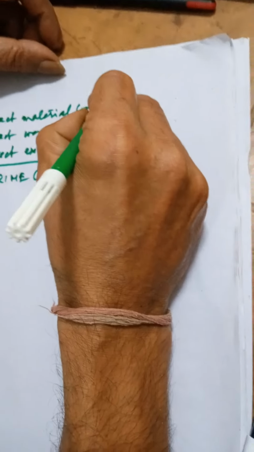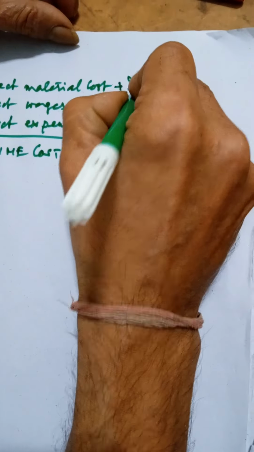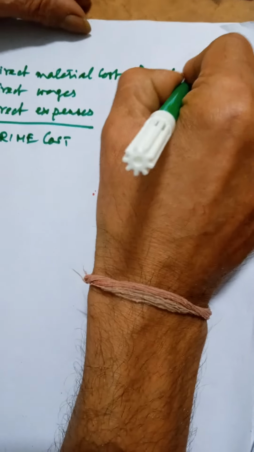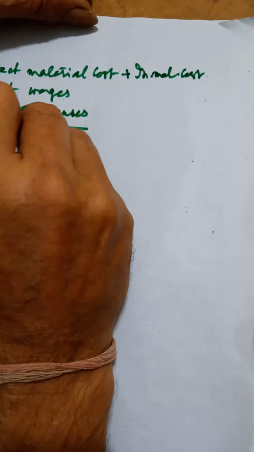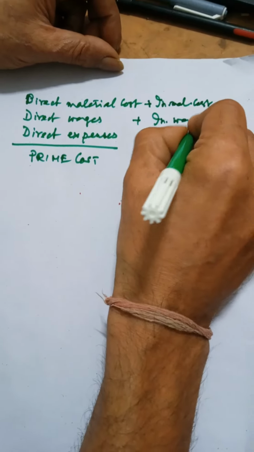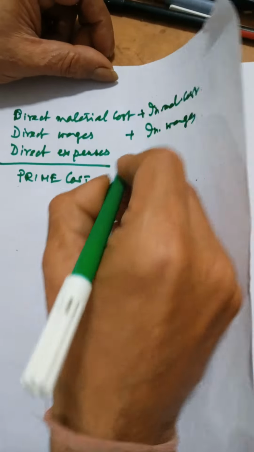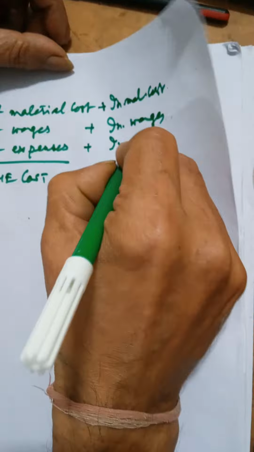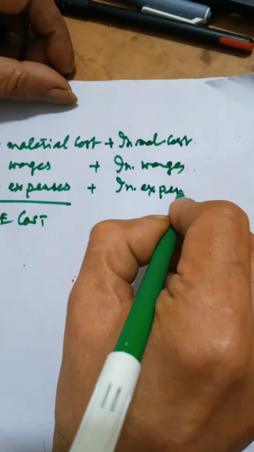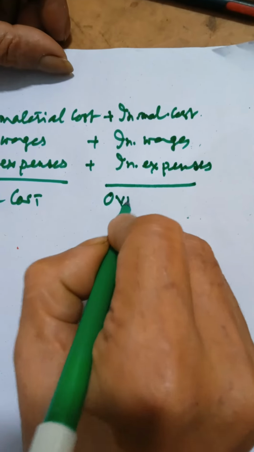On the other hand, as a counterpart of direct material cost, there is indirect material cost. As a counterpart of direct wages, there is indirect wages, and as counterpart of direct expenses, there is indirect expenses. These three make overheads.